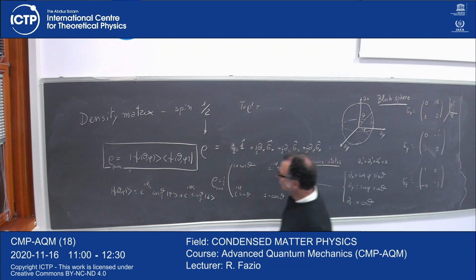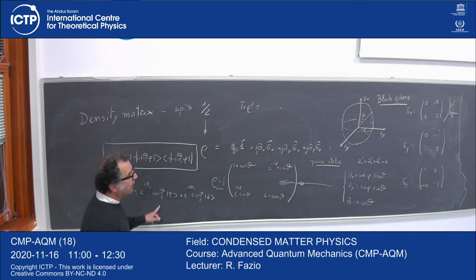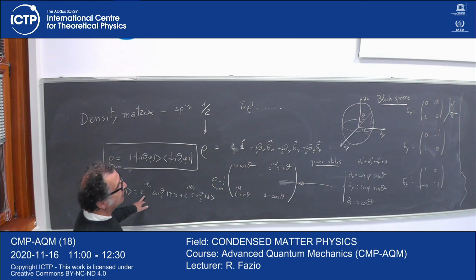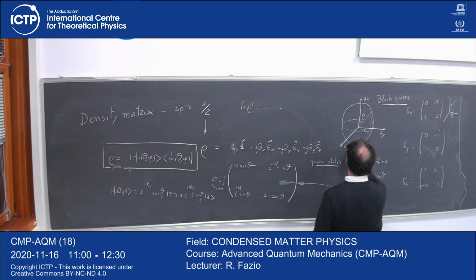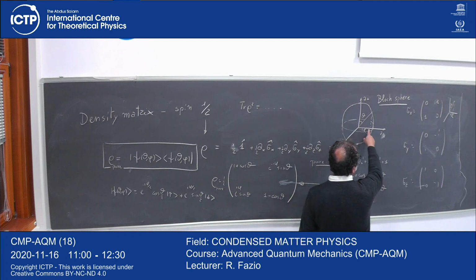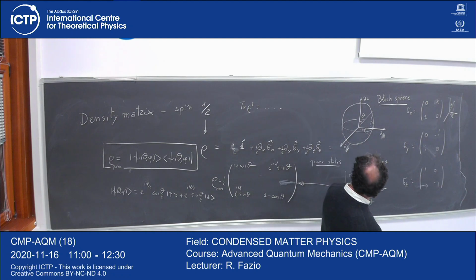Now just take pi over 2 and phi equals 0. Sorry, I think this is correct. Sorry, no. Because you see, when phi is 0, then AX is... so I think this should be AX and AY.